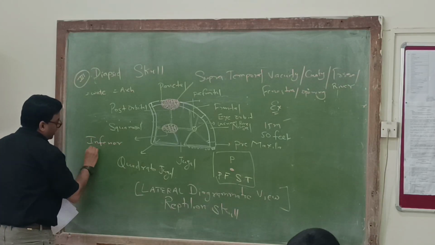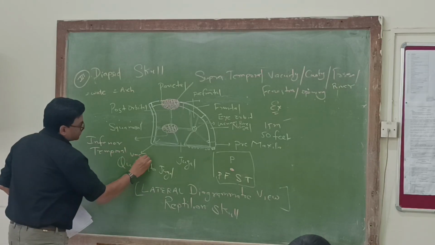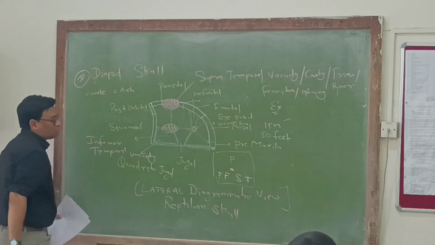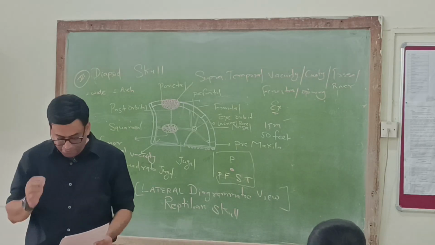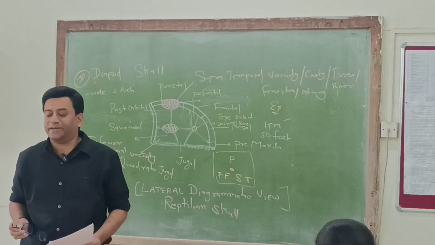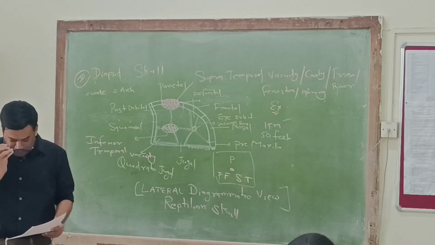Inferior temporal vacuity. So in a diapsid skull there will be two vacuities. One will be the superior temporal vacuity and the other will be the inferior temporal vacuity.